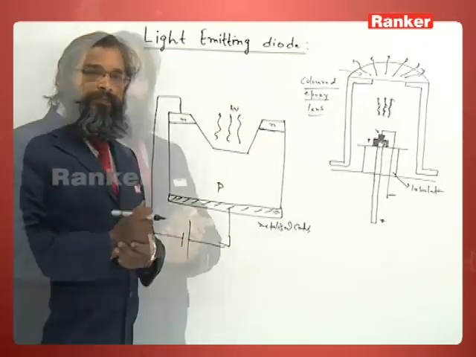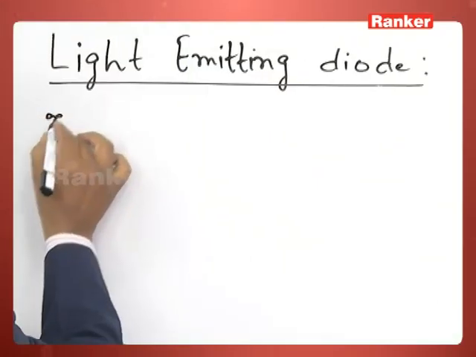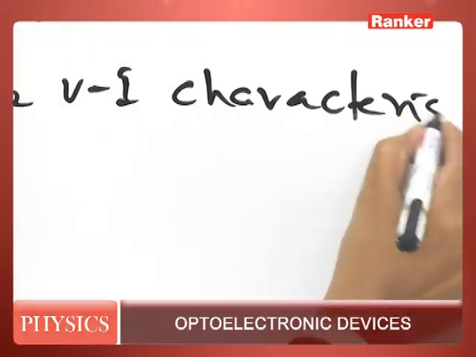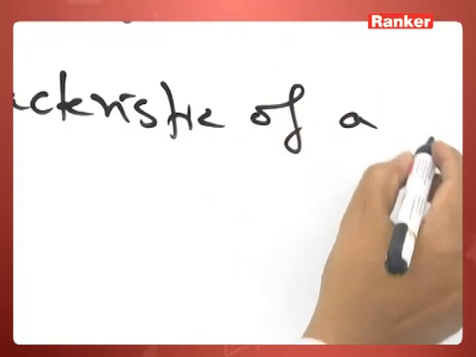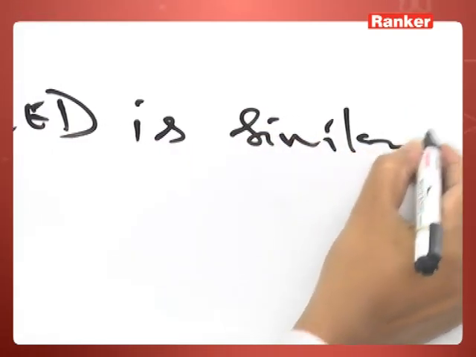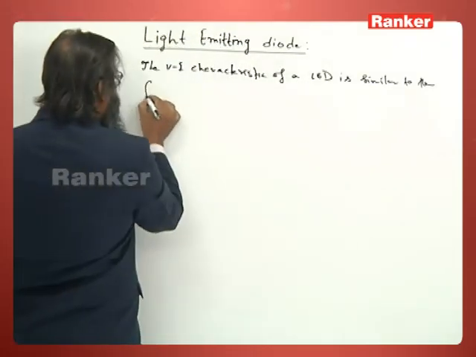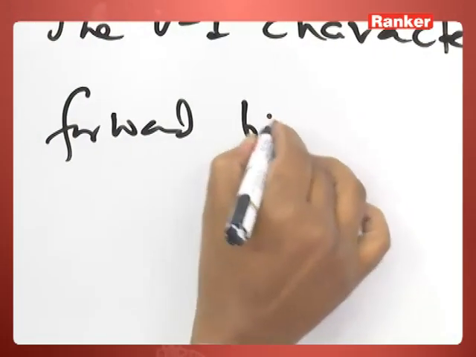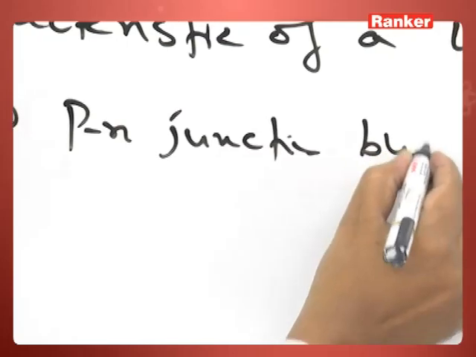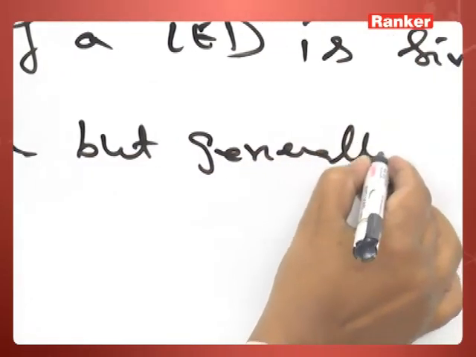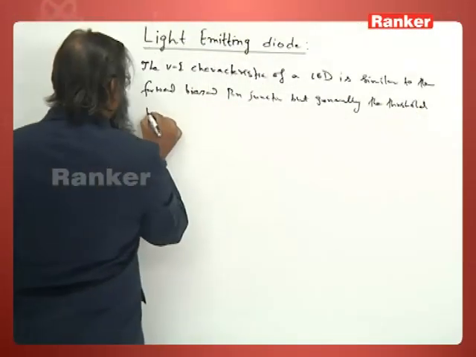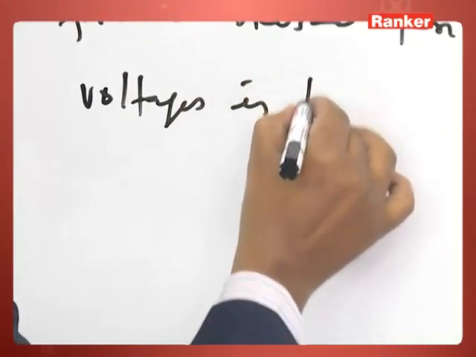Now, let us see the working. The VI characteristic of an LED is similar to the forward biased PN junction, but generally the threshold voltage is higher.